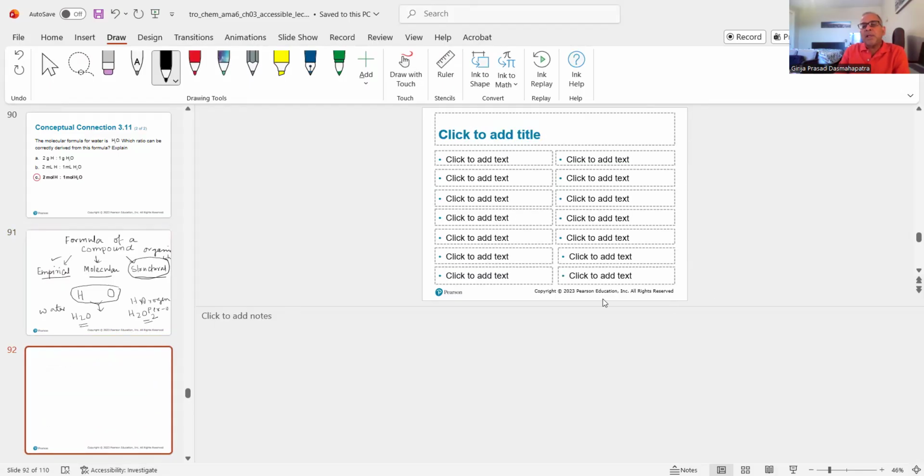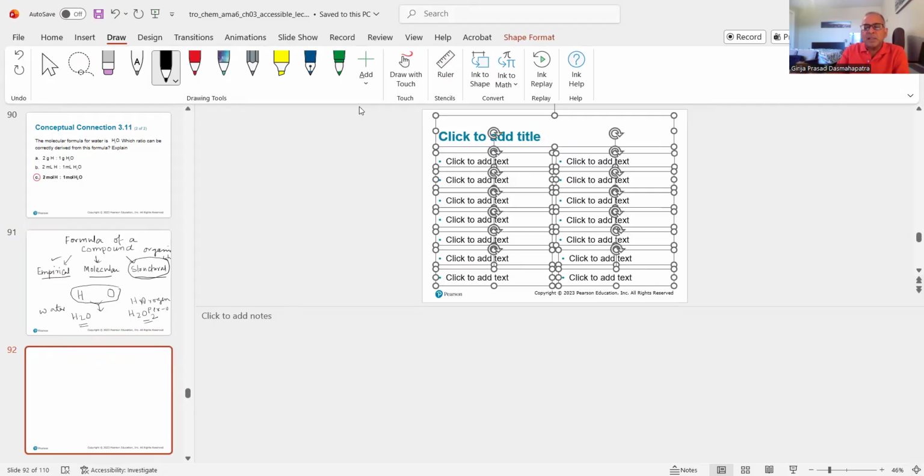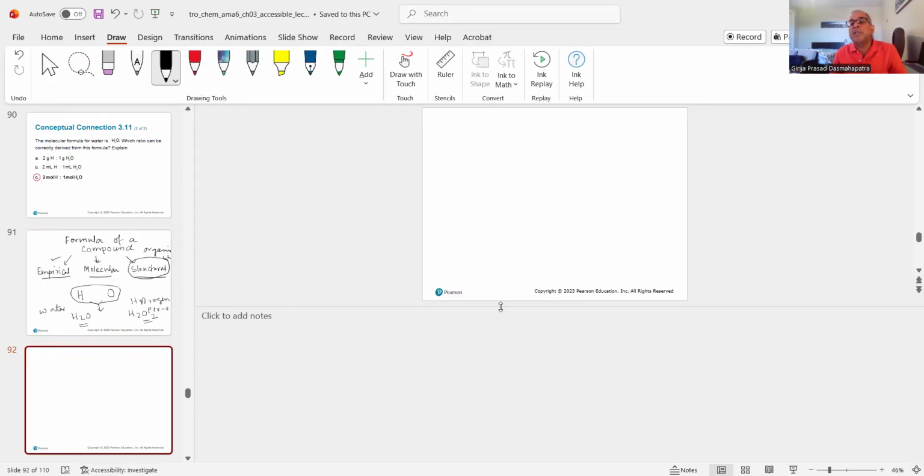So the empirical formula is relatively simple, and the molecular formula is the actual one. What exactly does empirical formula mean? Sometimes we write empirical formula as EF.